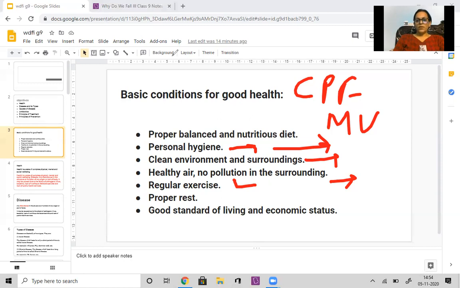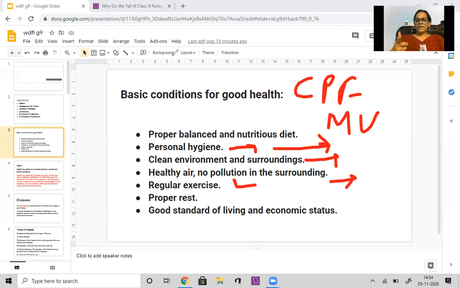So a scooter consumes fossil fuel, and when combustion of fossil fuel takes place, all of you know it releases carbon dioxide, which is very harmful and a responsible gas for global warming, right?